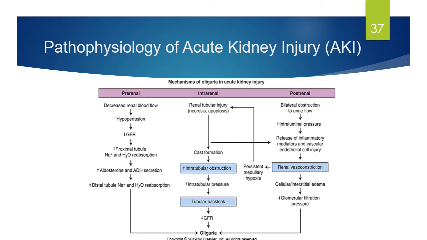And most types of acute renal injury are reversible if diagnosed and treated earlier. But you can see in each of these what happens in each case that eventually leads to a decrease in GFR, and then oliguria.